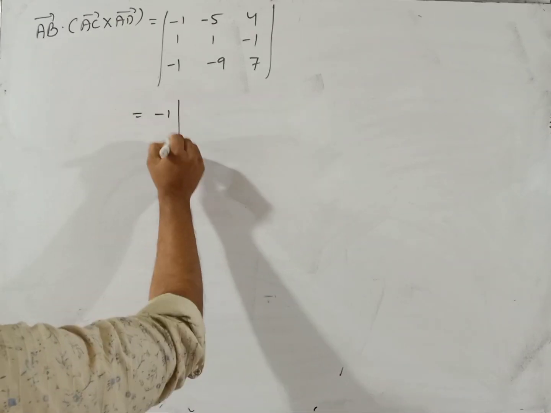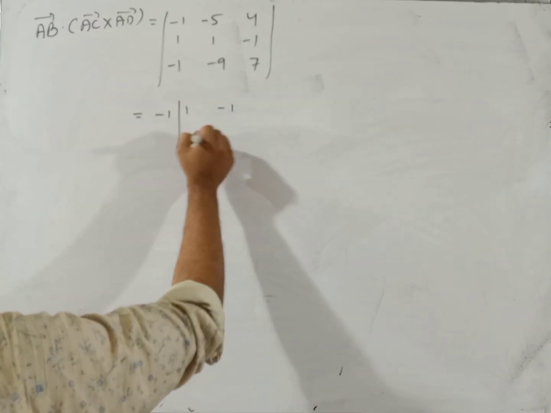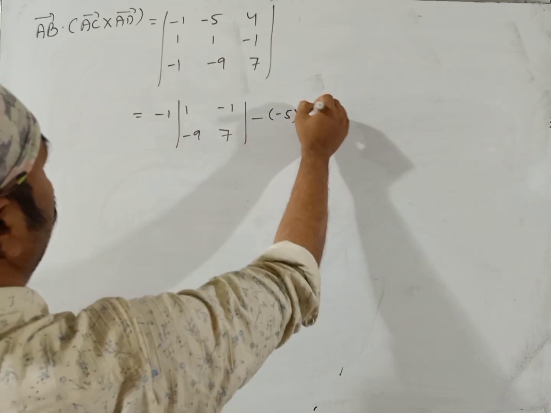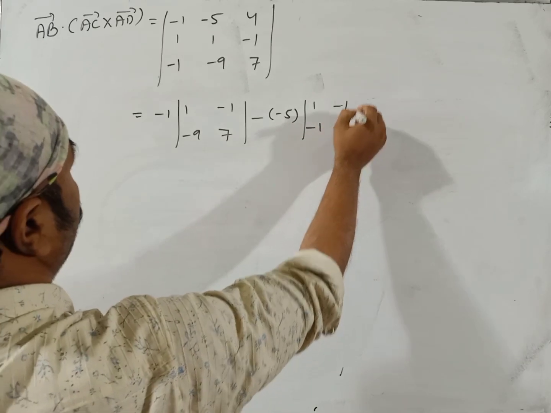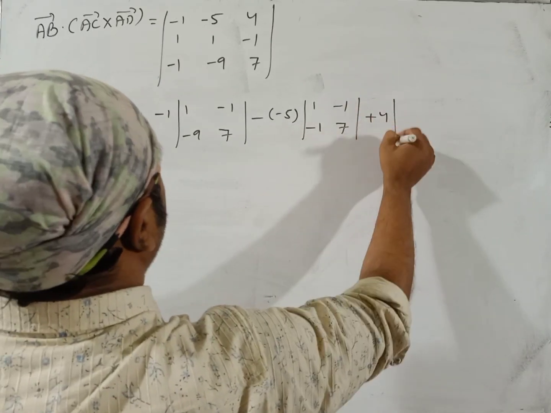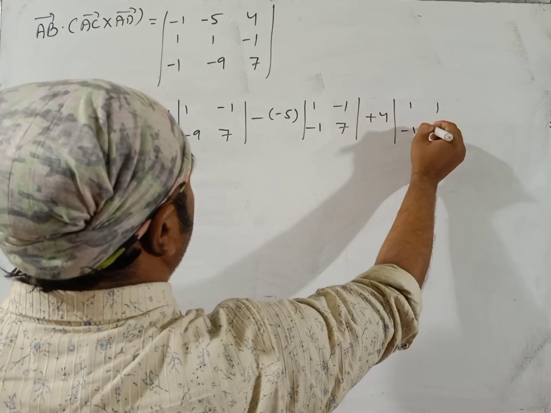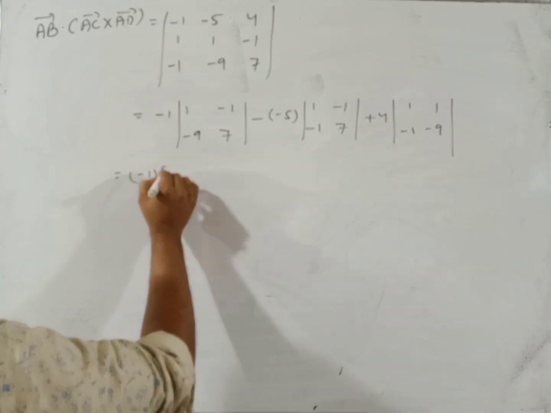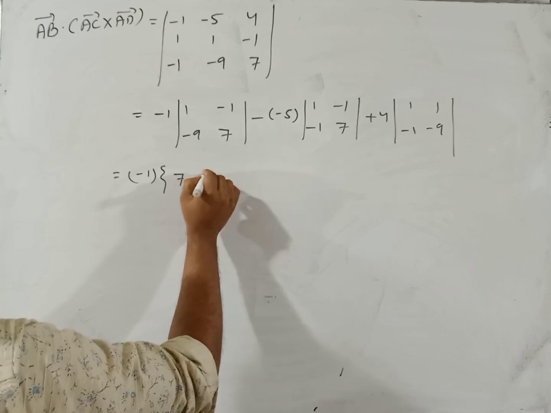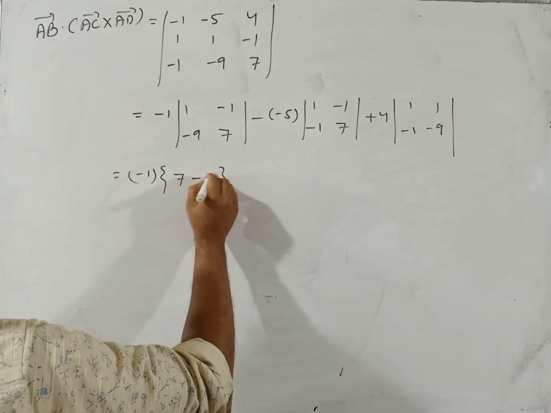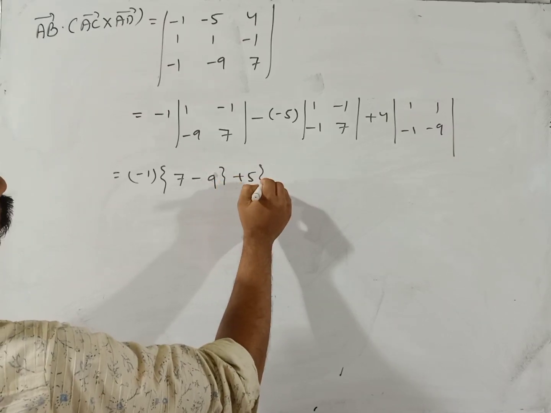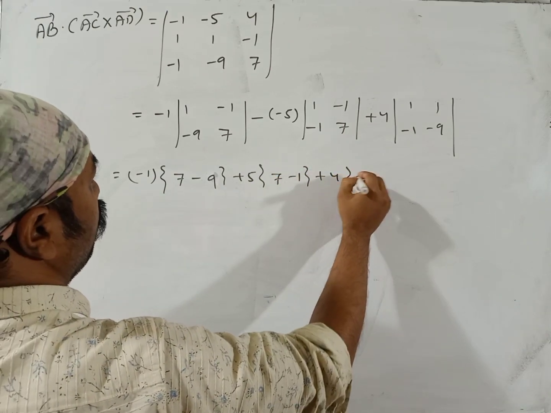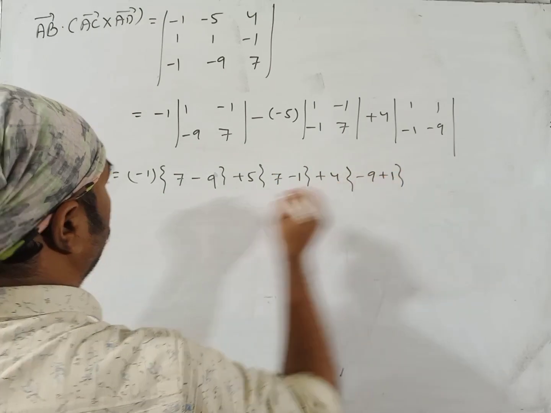Simplifying this, we have minus 1 multiplied with 7, minus 9, plus 5 into 7, minus 1, plus 4 into minus 9, plus 1.